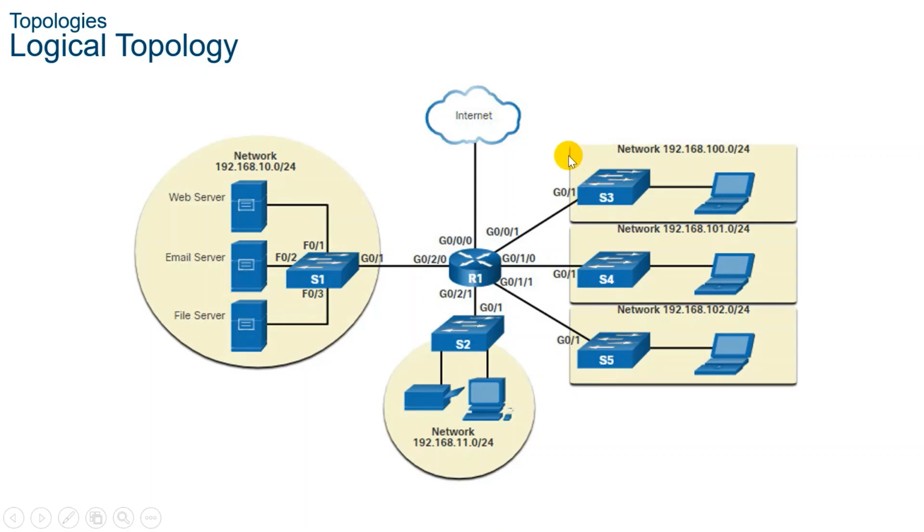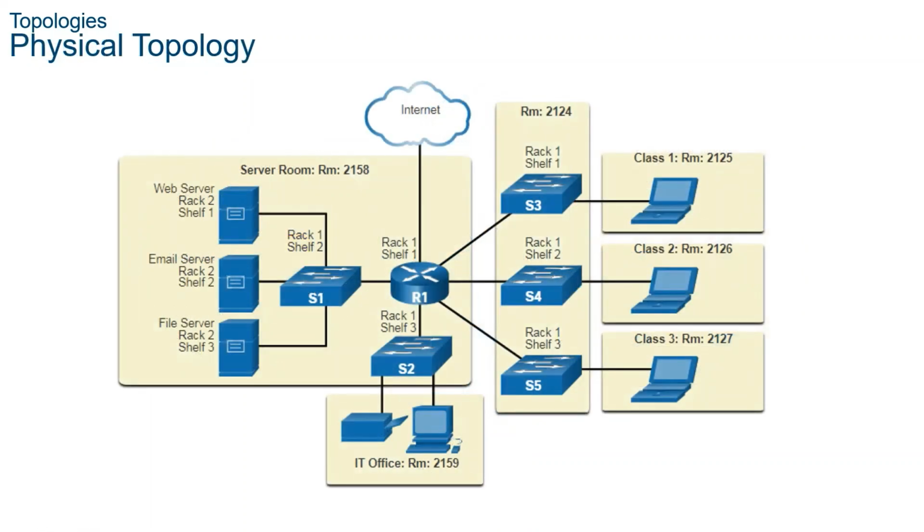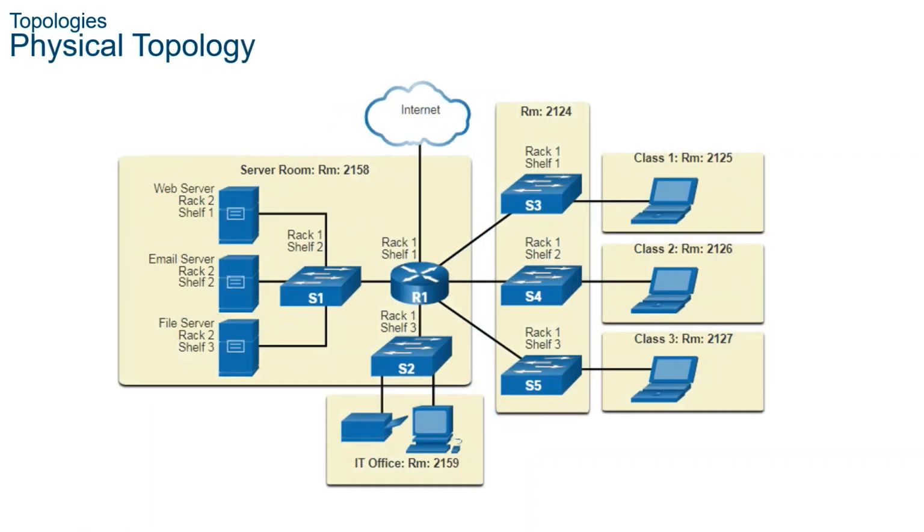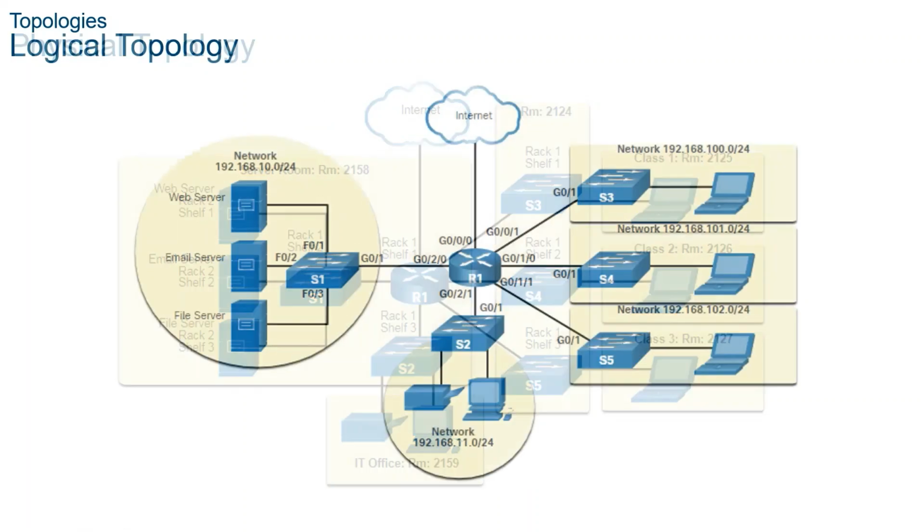Rooms are represented by a network address now. So you've got network 192.168.10.0 in this area. Going back to the previous slide, the server room at 2158 in logical topology is just represented by a network address, and the same thing with the rest of the rooms here. So that's the difference between the physical topology and the logical topology.